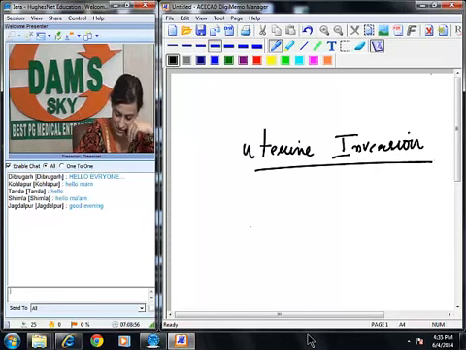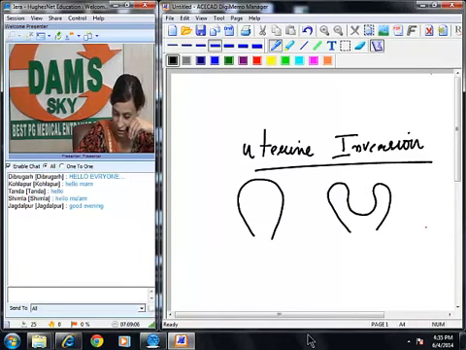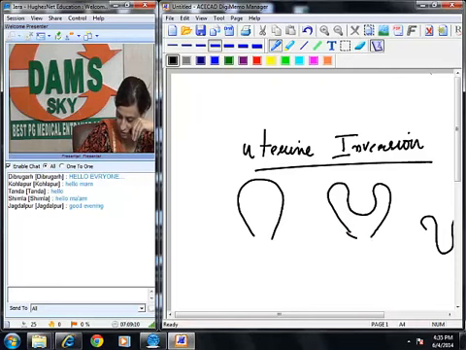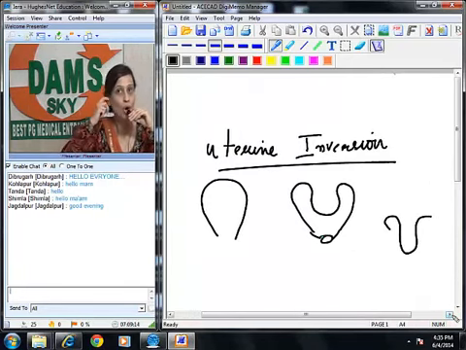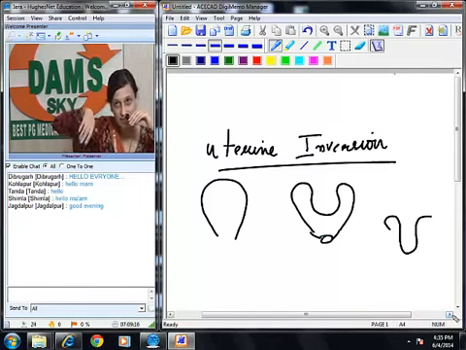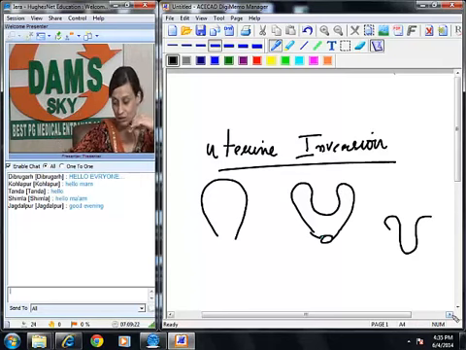Now what happens in uterine inversion is the fundus first dips down and eventually the fundus comes out via the cervix. The fundus of the uterus comes out, and if it is more, then the cervix and the vaginal walls would also come out.